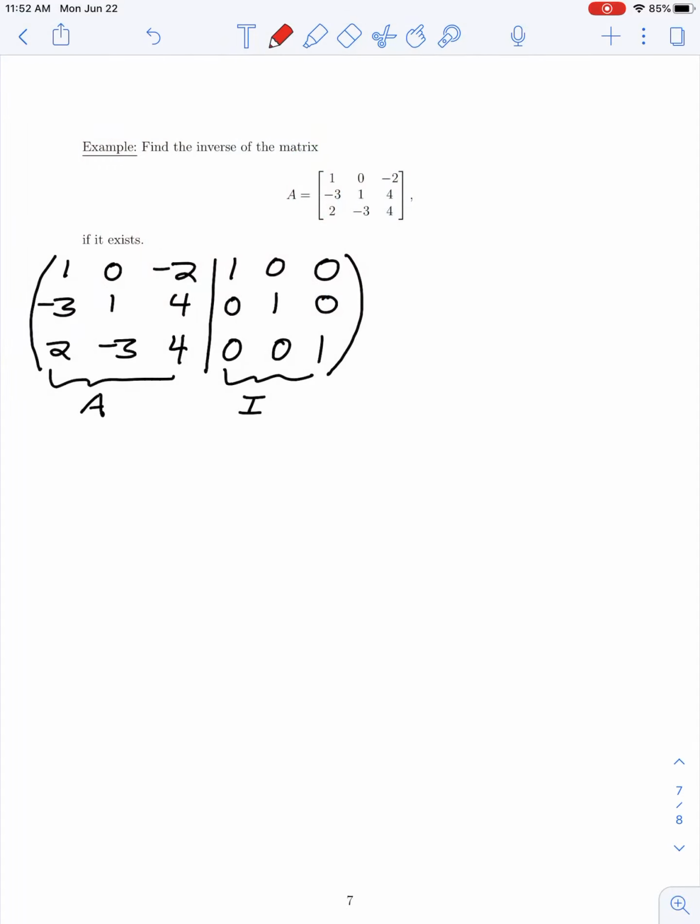So let's take a look at it. For the matrix A, we have a 1 in our lead entry of the first row, and we need to eliminate the -3 and 2 that appear below it. So one way I could do that would be to take row 2 plus 3 times row 1. My first row, I'm going to leave alone.